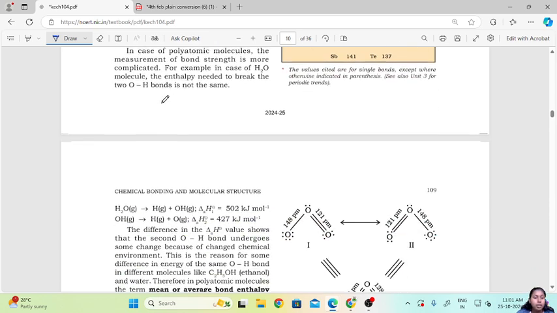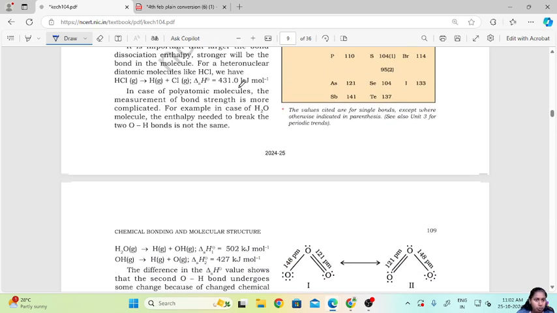Now in the case of polyatomic molecules, the measurement of bond strength is more complicated. It is simple for molecules like H2, N2, O2, HCl, NaCl, because only single bonds are involved, so you can easily determine their bond enthalpy.